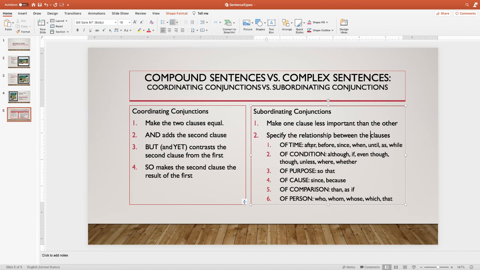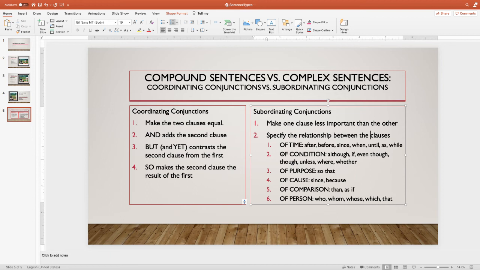So you could say, after Chang Mo threw the ball, Dong Yub hit it. Okay, so the after makes the first clause less important than the second one, and it also structures the sentence around time. So the whole list of subordinating conjunctions of time: after, before, since, when, until, as, and while. And this is the whole list, okay? And these words are used to structure the sentence to indicate an order of time.